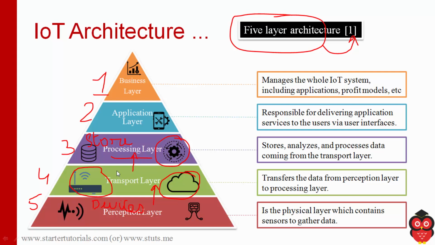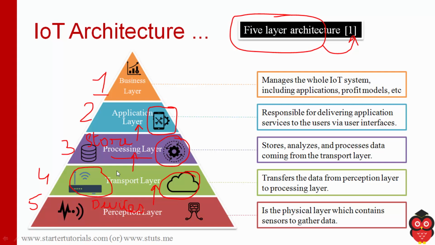Data is stored, managed and analyzed for getting information, and this information which is stored at the processing layer is utilized by application layer. Okay, so as I told in the previous architecture, 3-layer architecture, at the application layer we will have user interfaces through which we access different services.